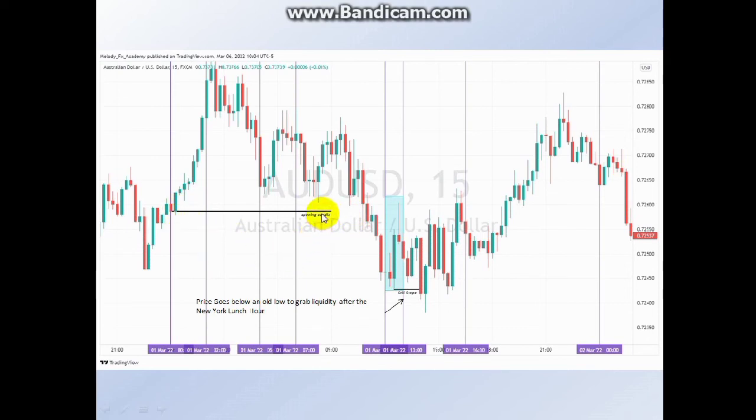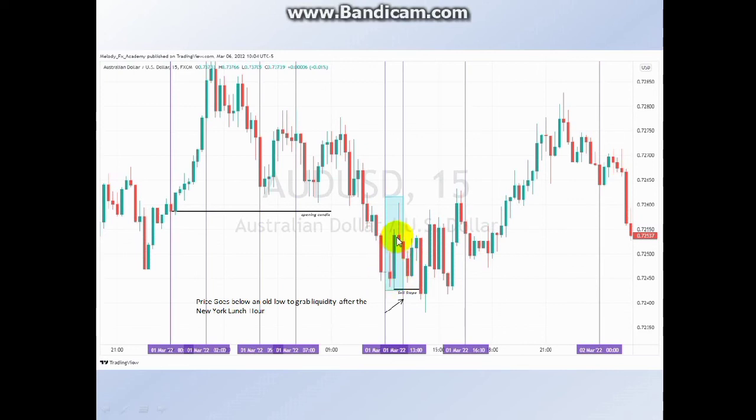Okay, so now price didn't trade below the opening candle until around 12, and the time factor is not really showing here, but it should be around 12 in the afternoon. And 12 to 1 is New York lunch hour, so we don't trade in this time window. We are not looking for any setup.